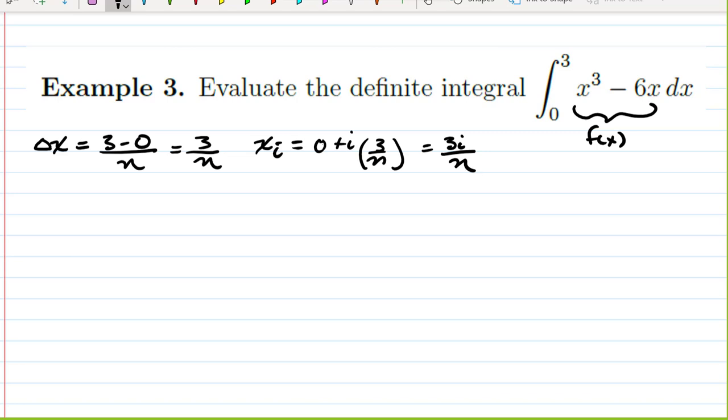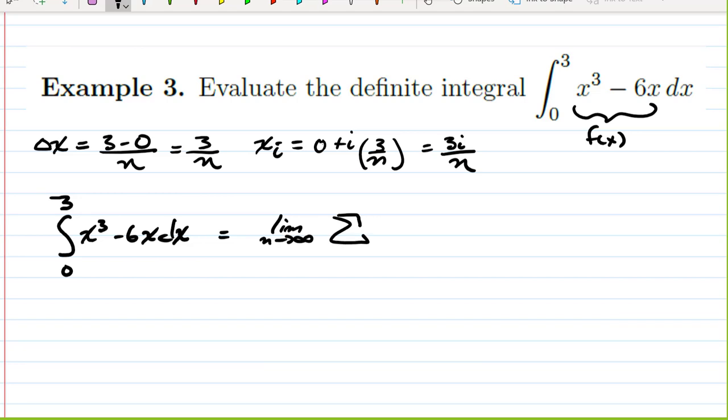So then our integral in terms of the Riemann sum, the integral from 0 to 3 of x cubed minus 6x dx is equal to the limit as n goes to infinity of the sum as i goes from 1 to n of f evaluated at x sub i star.